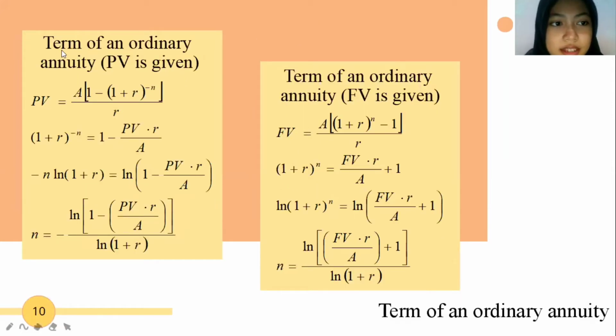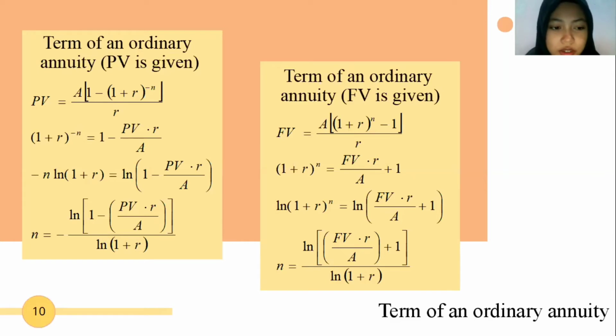And then this is the term of an ordinary annuity, or you can call it the number of periods. And then you can modify the future value and the present value until you find the term of the ordinary annuity.